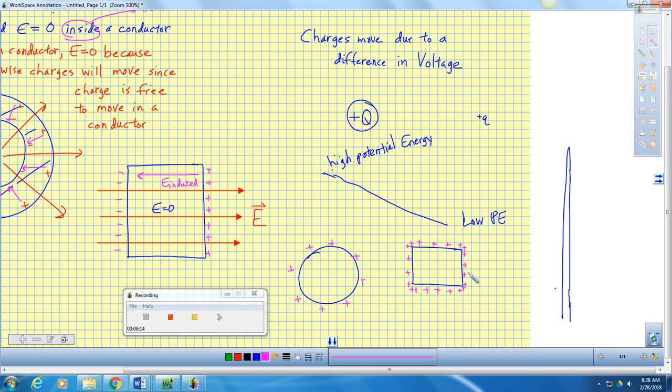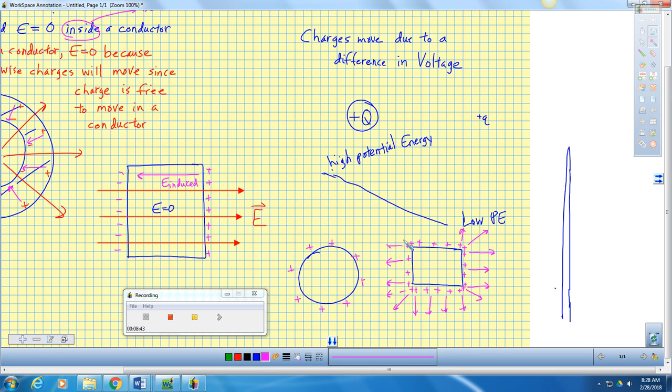So if I'm thinking about what we learned yesterday as far as equipotential lines, if I just start drawing electric field lines around here, I'd have a concentration of electric field lines there. And then as we go around this turn, a concentration of electric field lines where there's more charge collected.